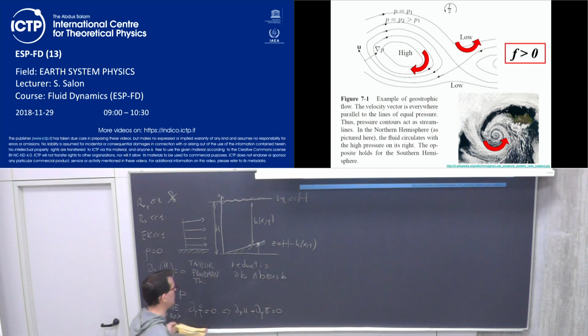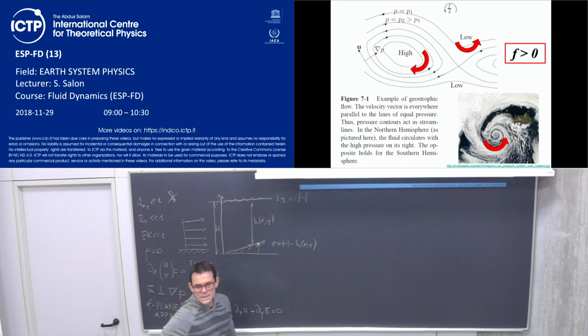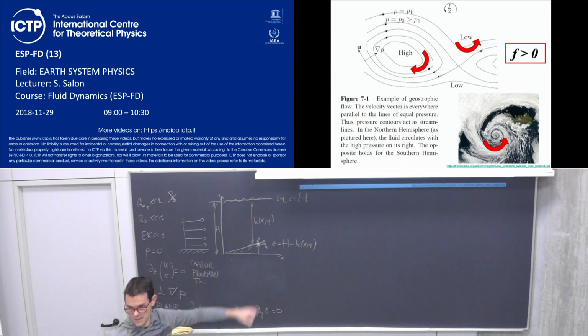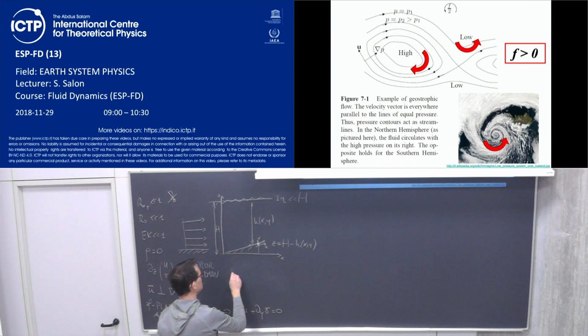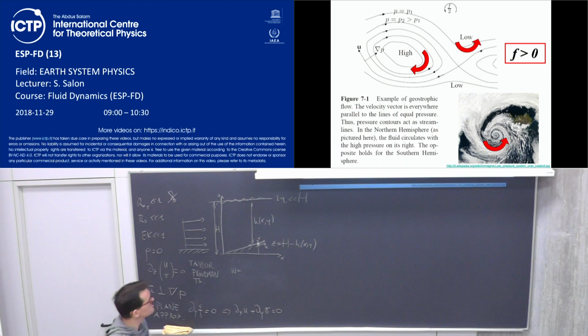So it means that we are going to think, okay, let's think that it wants to climb up. So if it climbs up, it means that it will have a vertical component and, if this is x, an x component of velocity. So let's try to express w.